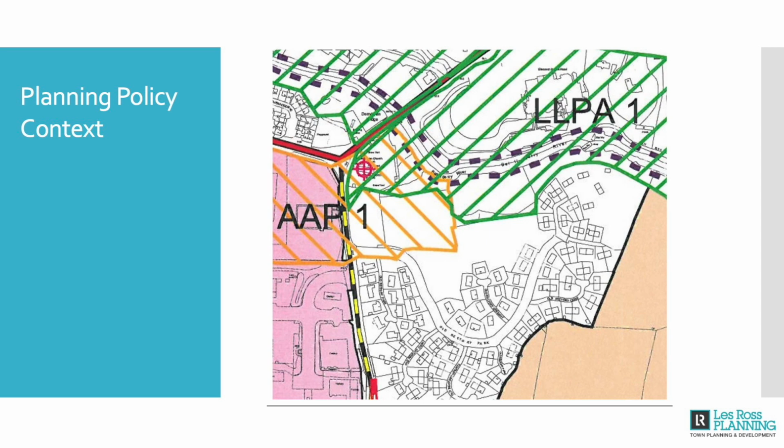So that area is noted for its special landscape character, and there's a protection in those terms, and that also includes the area of the old church. And then AAP1 refers to an archaeological designation, so it's saying that the land there may be important in terms of archaeology, and we need to be sensitive and respectful of that.